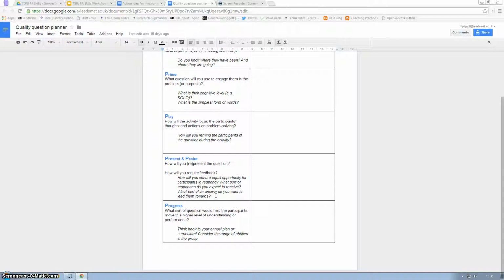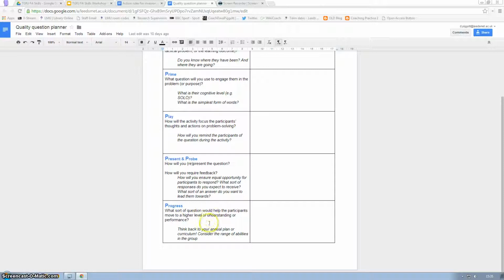Now, you may not want to lead them towards an answer, but often coaches do have an answer in their head that they want to lead people towards, and the idea would be that you would collect the feedback and synthesize it in such a way that it would end up leading towards that particular answer.